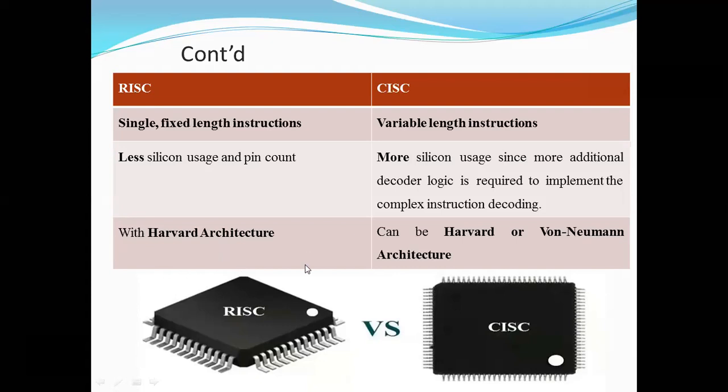They are not built into a common memory, right? Whereas coming to CISC, the architecture can be either Harvard or von Neumann. In the von Neumann architecture, both the data and the code are stored in the same memory. But the CISC processors used for embedded systems can follow either Harvard or von Neumann architecture.